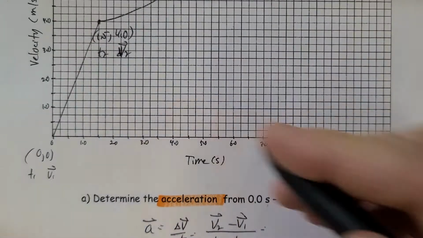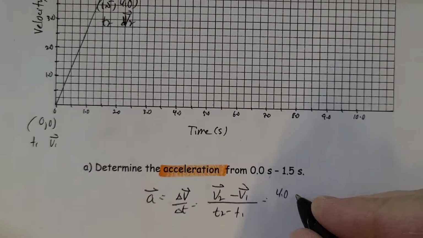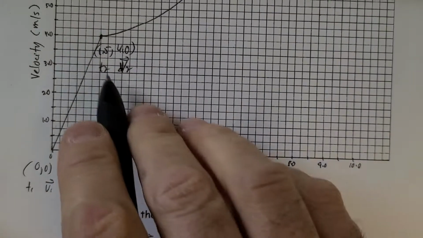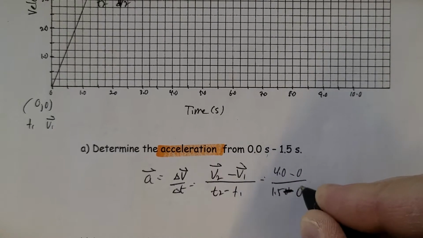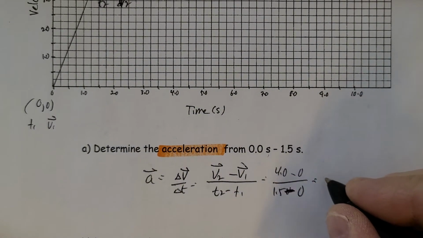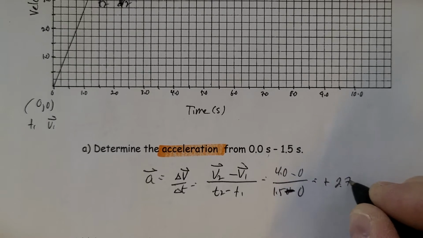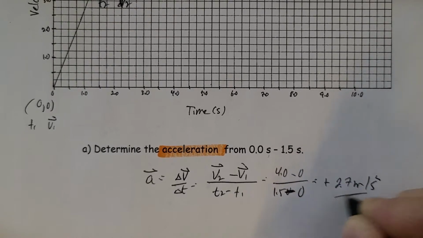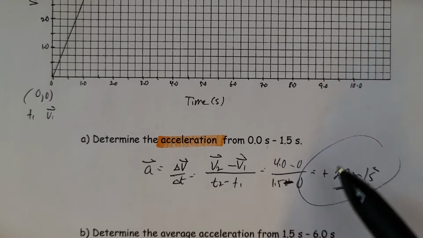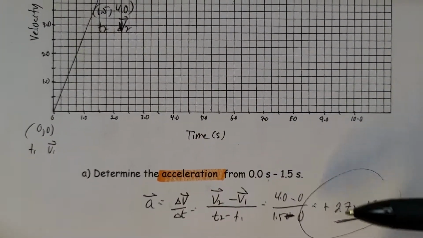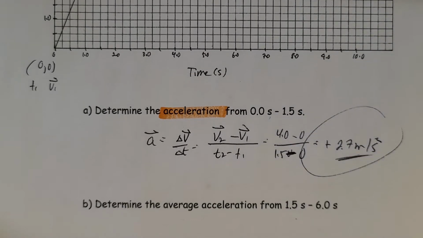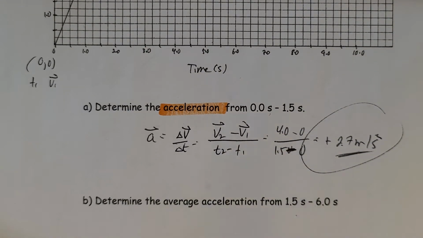So 4 minus 0 over 1.5 minus 0. So that's going to give us plus 2.7 meters per second squared. So that's just simply referred to as acceleration because no matter what 2 points I pick there, if I figure out the slope between those 2 points, I will get 2.7 meters per second squared.